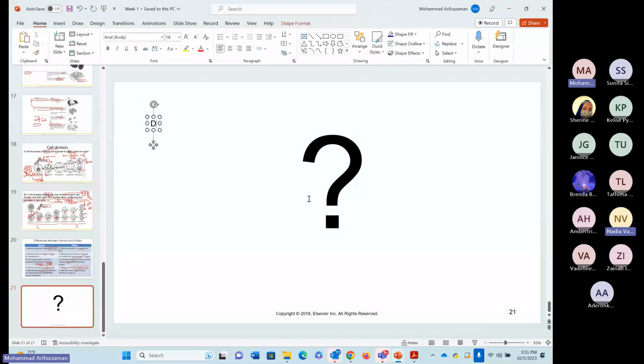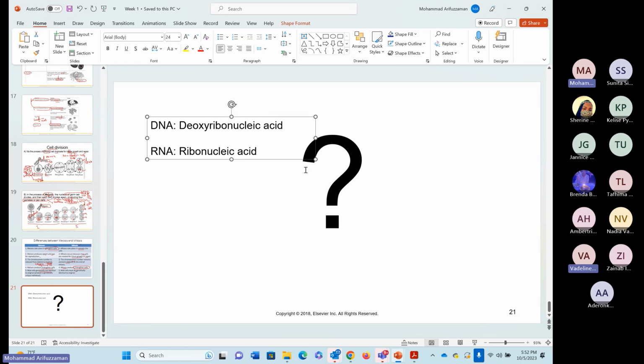DNA is deoxyribonucleic acid, and RNA is ribonucleic acid. So there are two nucleic acids. One is DNA, deoxyribonucleic acid, and RNA is the ribonucleic acid.